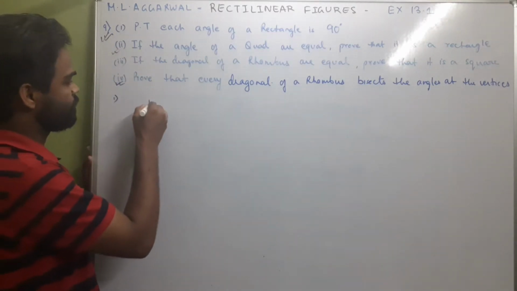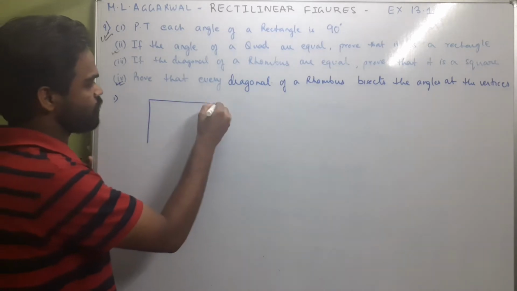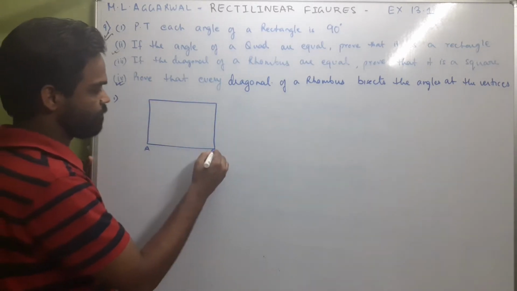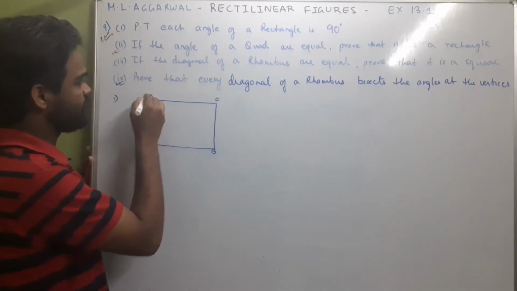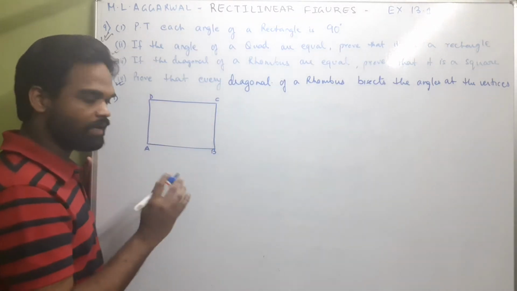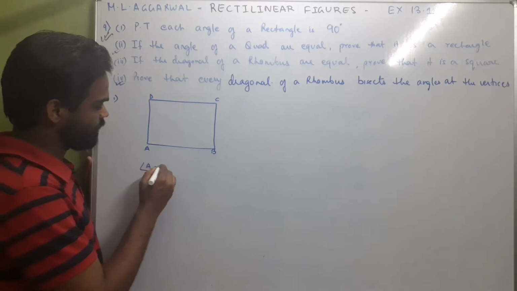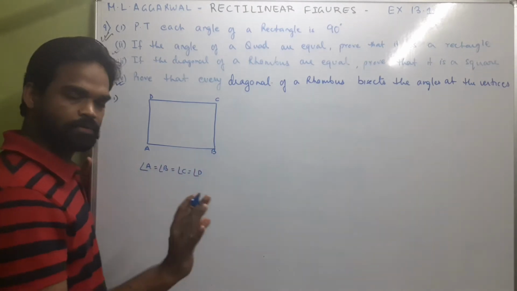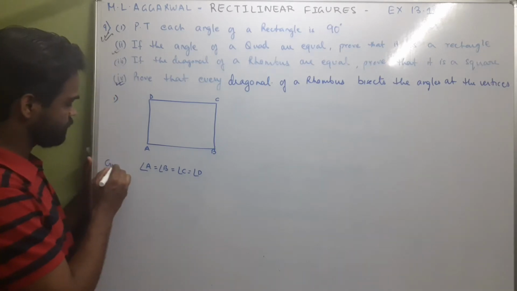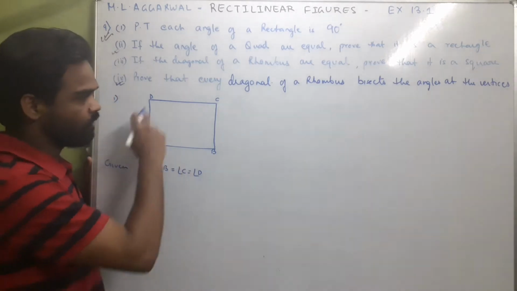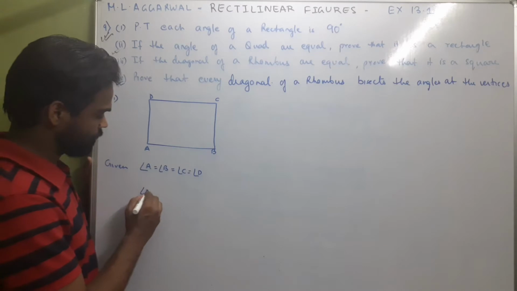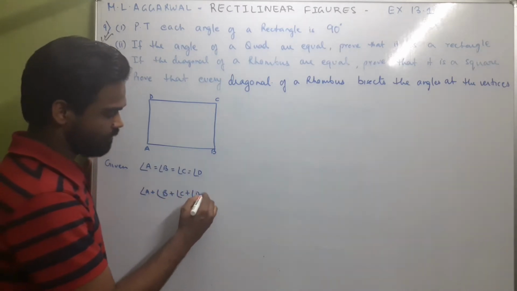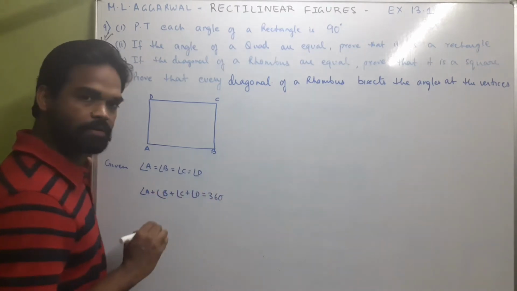Very easy. Just draw a rectangle, suppose ABCD. Now it's a rectangle, which means angle A will be equal to angle B, equal to angle C, equal to angle D. This is given to us. Now we know it's a quadrilateral, which means the sum of the angles of a quadrilateral is 360.